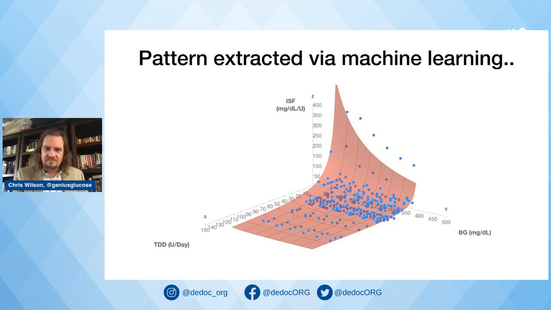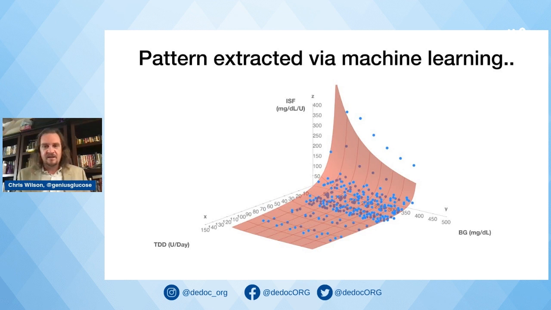What's graphed out here is the data that I collected and then calculated. All of the blue dots are an individual and what their effective insulin sensitivity factor was for that correction dose from a particular blood glucose level. And these are all people who have over time accumulated tons of knowledge.